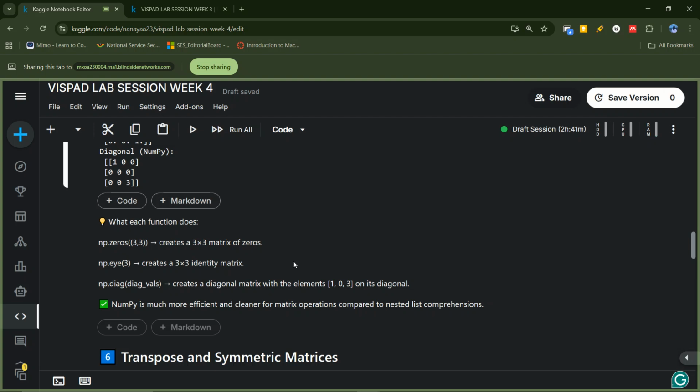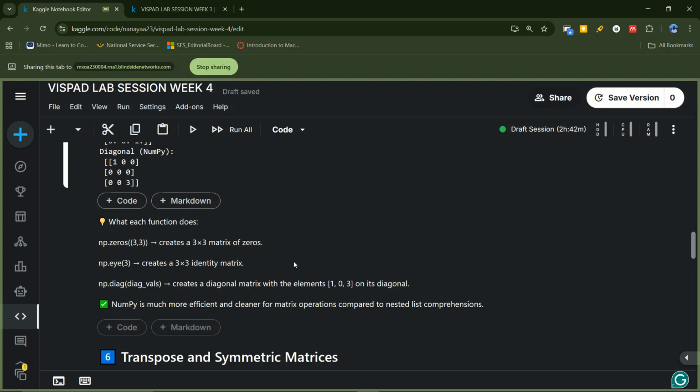You can see that np.diag depends strictly on diag_vals. Depending on the number of diagonals, that is what is really going to determine how your whole diagonal matrix will look. If your diag_vals has, like over here, 3 elements, or if it has 4 elements, 5 elements, all the other parts are zero.